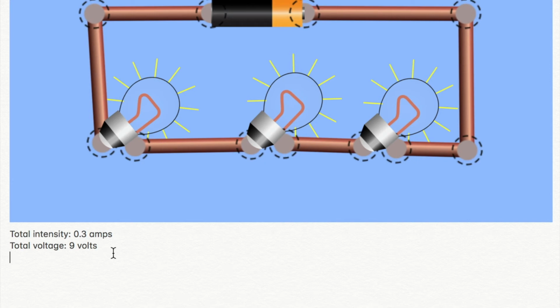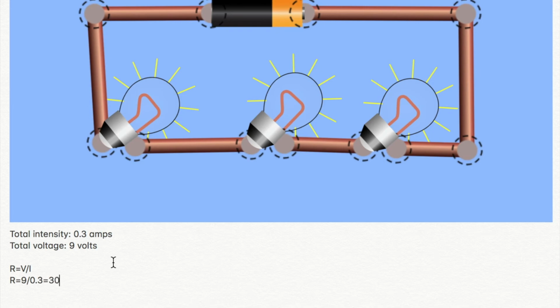Well, why don't we start by first finding the total resistance of this circuit, which we can easily do with Ohm's law. According to Ohm's law, the total resistance equals the total voltage over the total intensity. Let's put our values in, and we get that the total resistance equals 9 divided by 0.3.